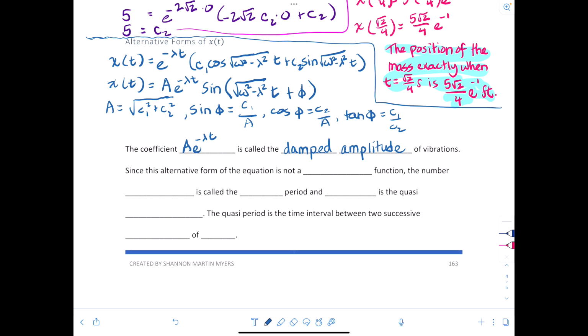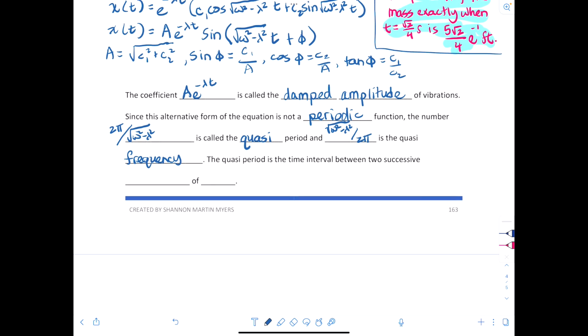Since this alternative form of the equation is not a periodic function, the number 2 pi over the square root of omega squared minus lambda squared is called the quasi-period, and the square root of omega squared minus lambda squared over 2 pi is the quasi-frequency.